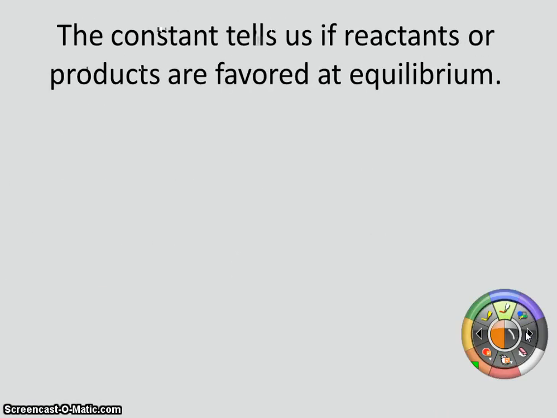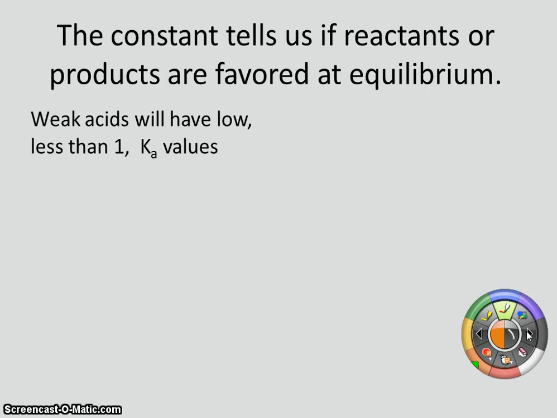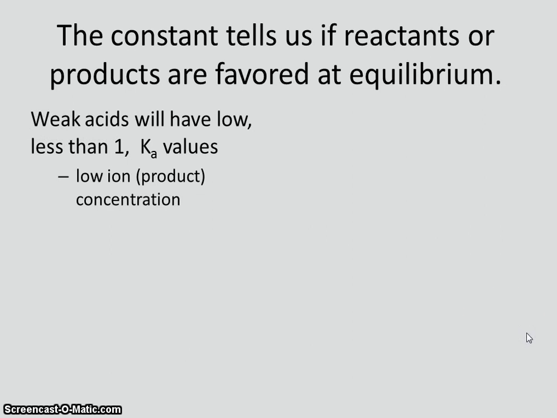So that constant is going to tell us whether reactants or products are going to be favored at equilibrium. So when your reaction balances itself out as far as its rate. Your weak acids are going to have a low Ka, meaning less than 1. That means you have a low ion concentration. Your product is low.